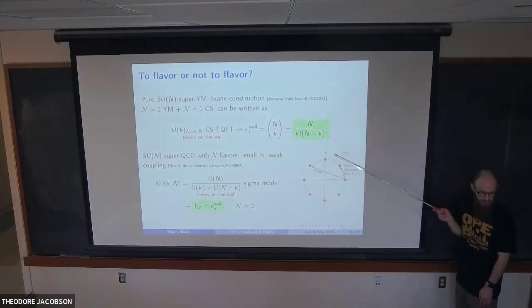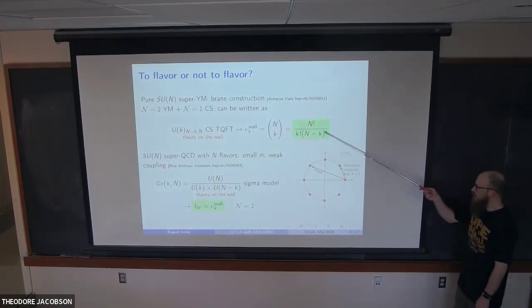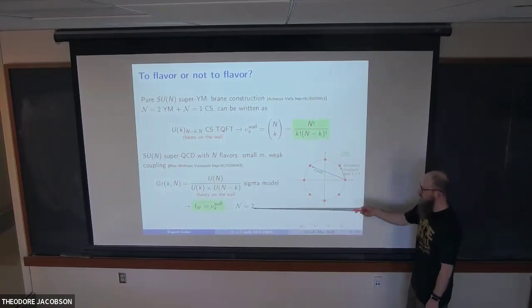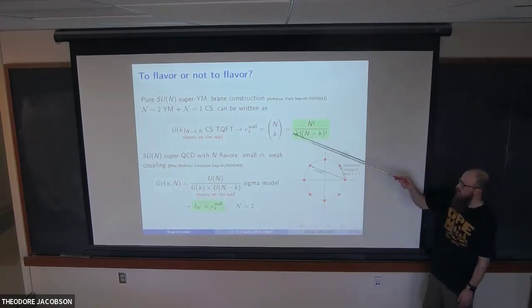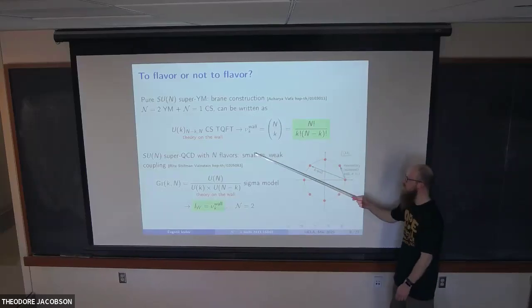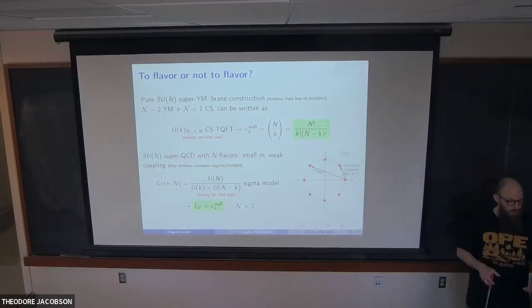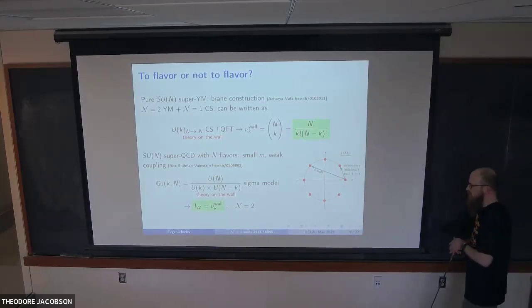It's the same number. But one big difference is that in the case with quarks, the domain walls are locally distinguishable, whereas in the case of pure super Yang-Mills, it's just a TQFT ground state degeneracy. You cannot locally distinguish them.